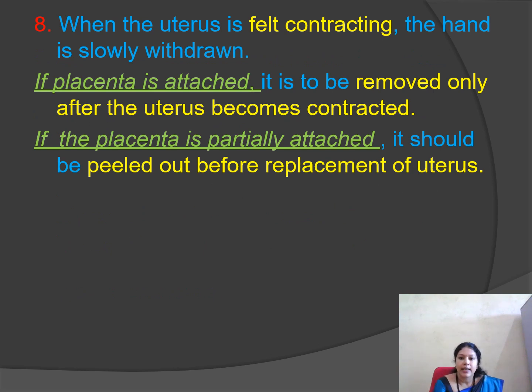Till the contraction of the uterus, you are not supposed to release that hand. If the placenta is attached, remove the placenta after the uterine contraction and after replacing the uterus. And if the placenta is partially attached, you can remove it before the replacement of the uterus.